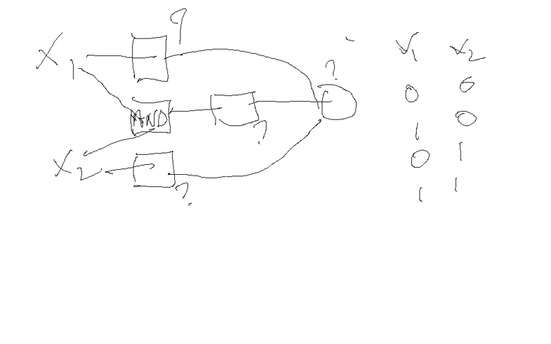And what should be the value of XOR? The XOR value should be 0, 1, 1, and this should be 0. This is what we need to get, right? Can you compute?